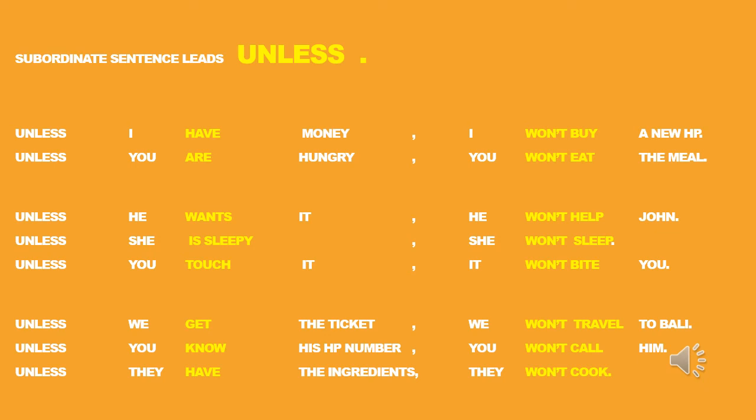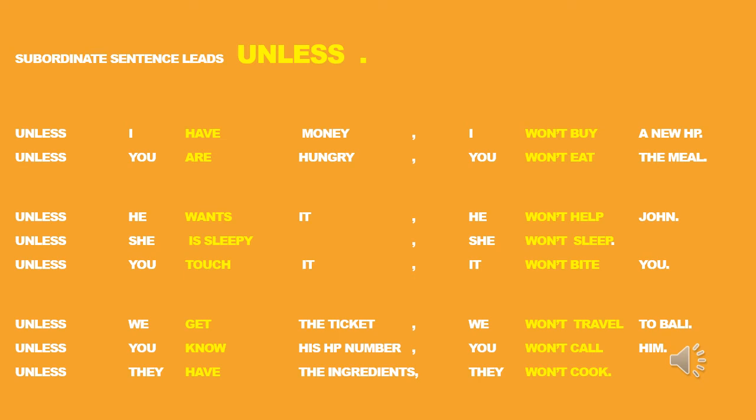But if you put back the mother sentence, or the main sentence, namely starting from the subject I, you, he, she, it, in the first position, you don't need a comma anymore. That's why I won't buy a new handphone unless I have money. And the second version, unless I have money, comma, I won't buy a new handphone.